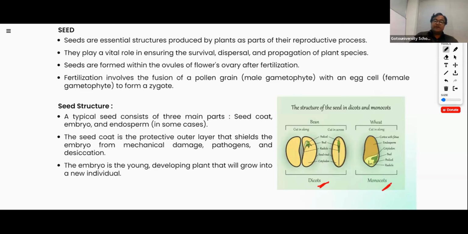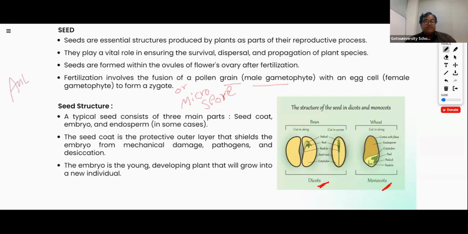When we are talking about the pollen grain or male gametophyte, in the last class I told that the other word for the pollen grain is microspore. The microspore denotes the other term for the pollen grain. This pollen grain or microspore is formed from the spore mother cell of the anther.